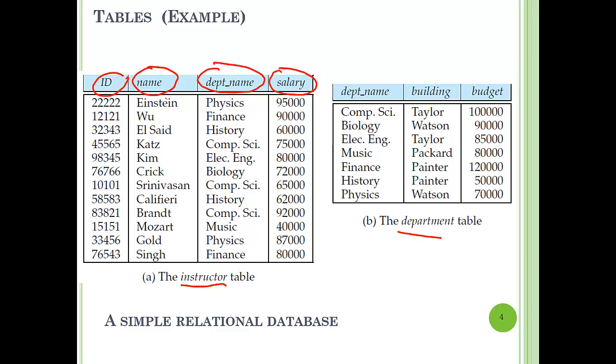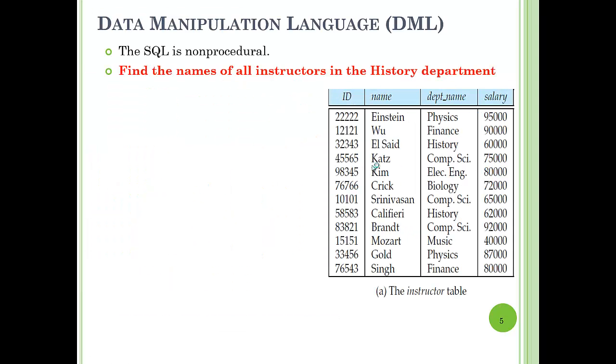All these attributes have their different domains, and many instructors are there. Each row defines one instructor with his respective name and whole details. Similarly in the department table we can have computer science, taylor and budget. So the department is identified by all these parameters, called attributes.